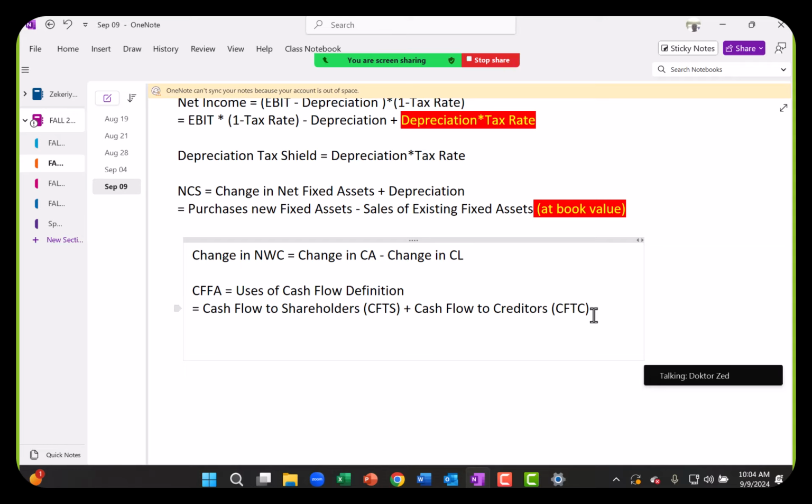Cash flow to shareholders is simple. Cash dividends minus net new equity, sales of stock minus repurchases of stock.